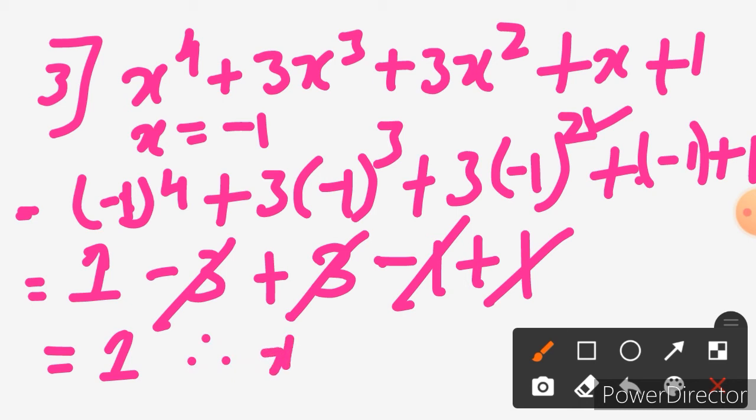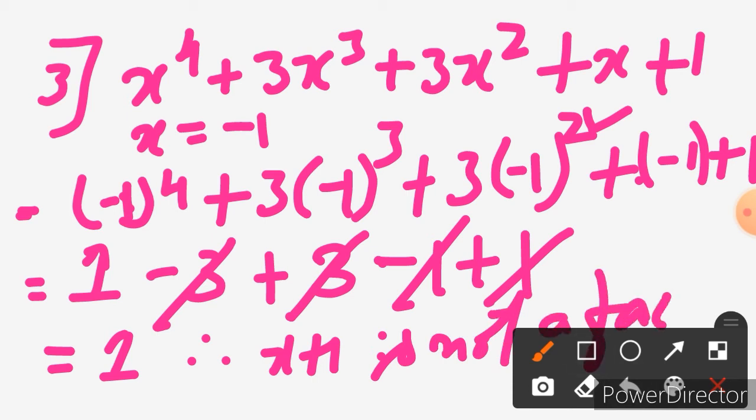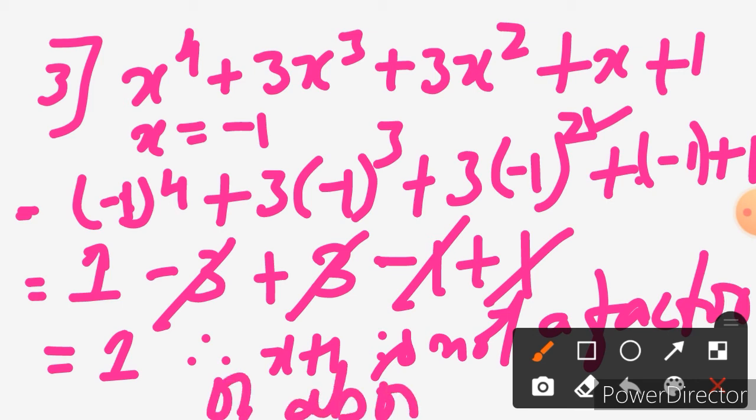Therefore x plus 1 is not a factor of the above polynomial. So the conclusion you should write like this.